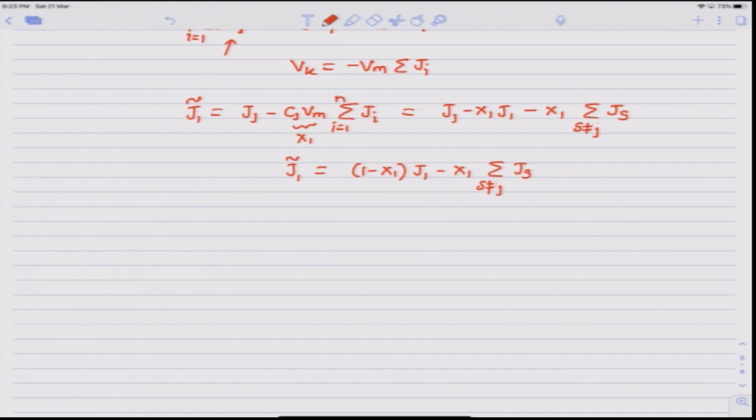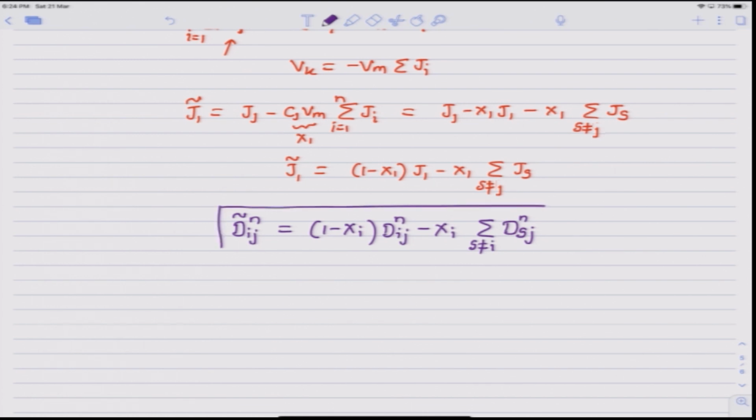I will skip the steps in between and will directly write this relation, which comes out to be D_ij tilde n is equal to (1 minus x_i) times D_ij n minus x_i times D_sj n, and the summation is over all s except i. And this is applicable for constant molar volume.